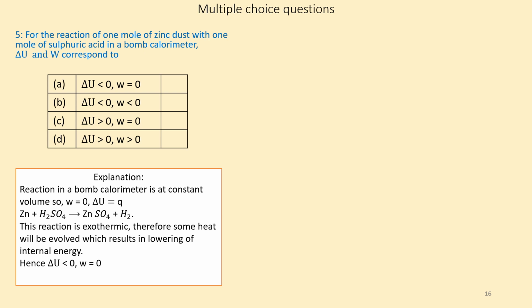So delta U is equal to Q, and the reaction is Zn plus H2SO4 combining to form ZnSO4 plus H2. This reaction is exothermic. Therefore, some heat will be evolved, which results in lowering of internal energy. Hence, delta U will be less than 0 and W equals 0. This option is available as option A.